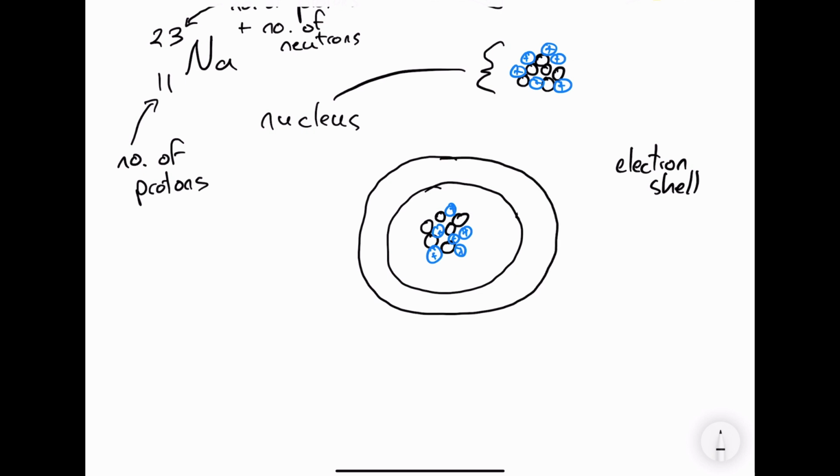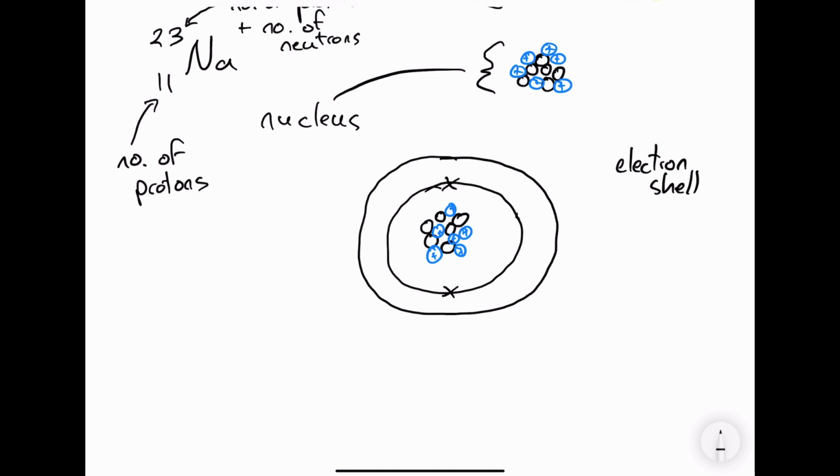Now carbon has 6 electrons. We know this because carbon is neutral in the periodic table. It doesn't have a positive and it doesn't have a negative. It's neutral, which means that the number of positive protons and electrons, which are negative, must be the same. So if we add these electrons, I'm going to use crosses to draw them.